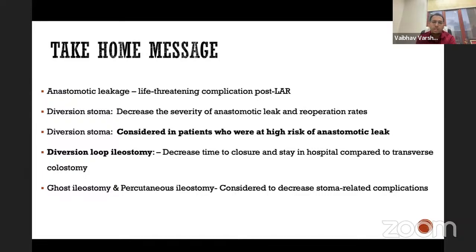If they are not, then we can avoid the diverting stoma. And diverting loop ileostomy is better than transverse colostomy in terms of decreased time to closure and hospital stay. Ghost ileostomy and percutaneous ileostomy are options which can decrease stoma-related complications.